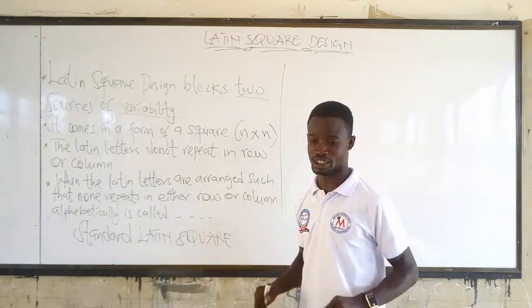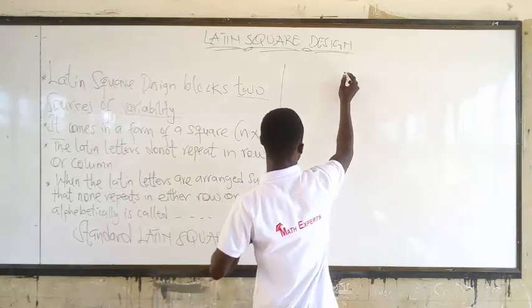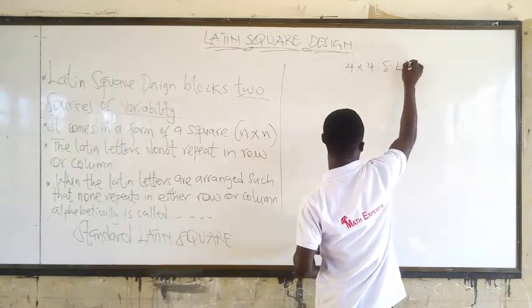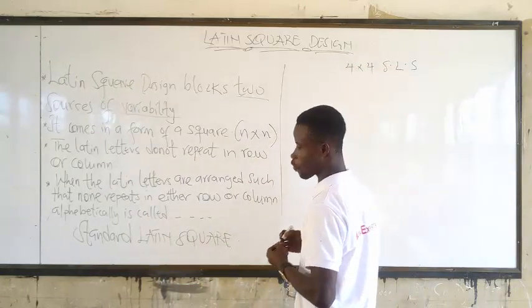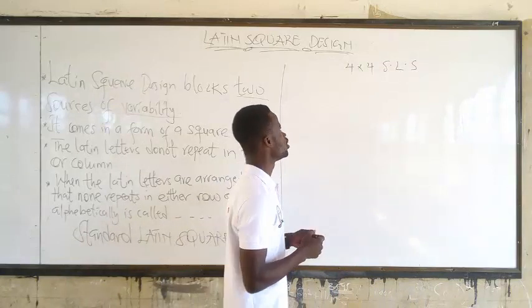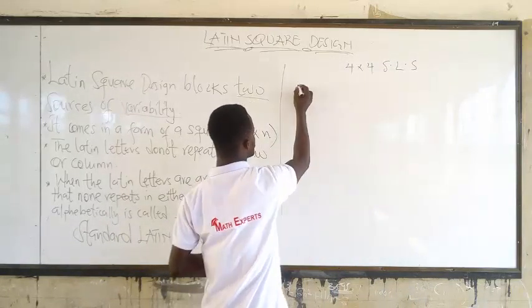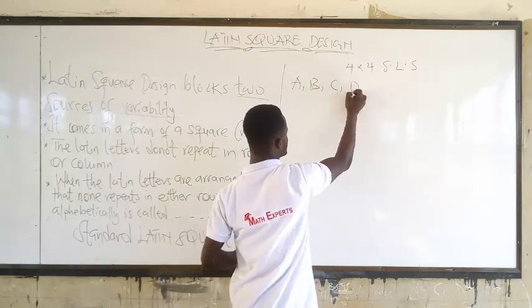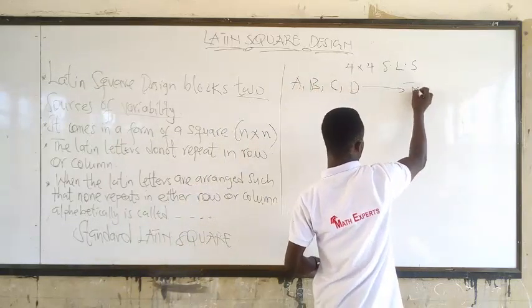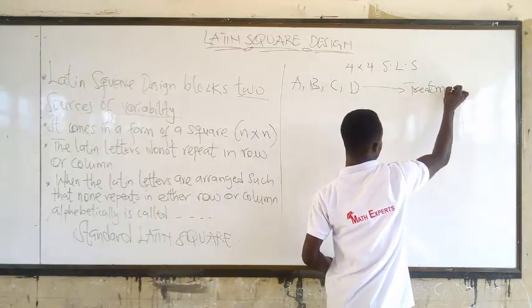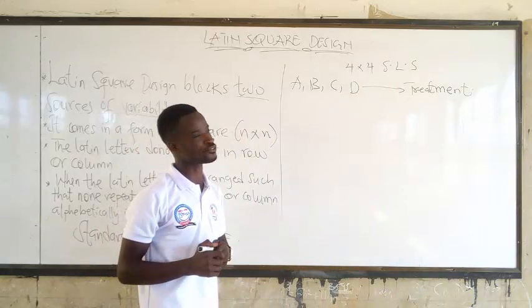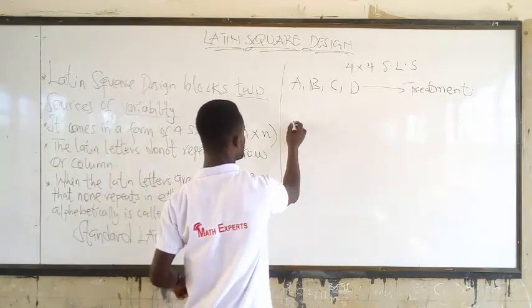So when we do that arrangement, for instance, let's see a 4x4 standard Latin square. We are going to use A, B, C, D to be our treatment. Beautiful. So now, you do it like this.